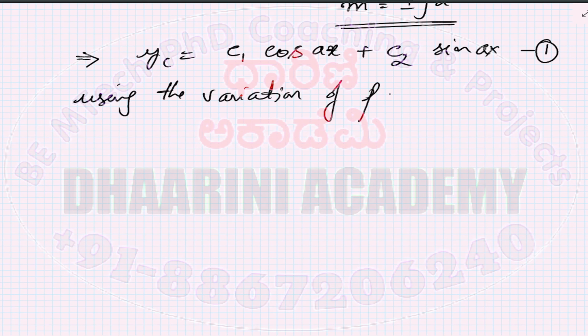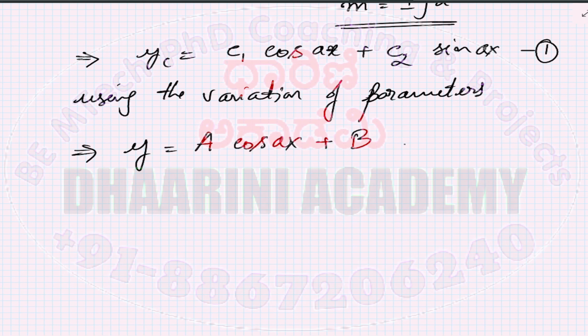Using variation of parameters, I can convert yc into y as this. y is equal to a times cos ax plus b times sin ax, and I'll call this equation number 2. Later on I will substitute here.